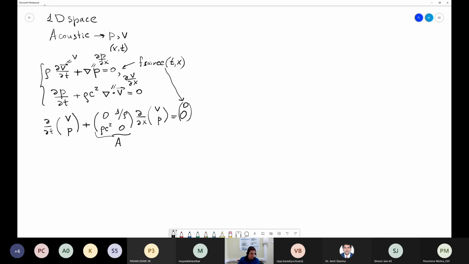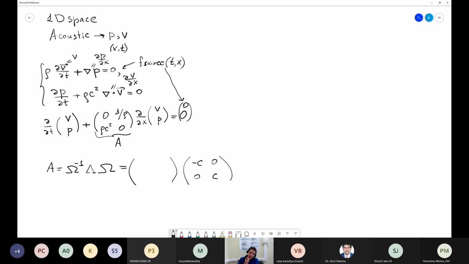So we can write that the matrix A can be represented as the multiplication of matrix omega to the power of -1, multiplied by the matrix lambda, multiplied by omega, where the matrix lambda is diagonal, and we have here -c and +c values.